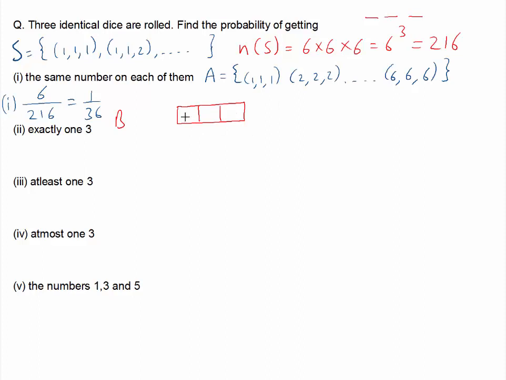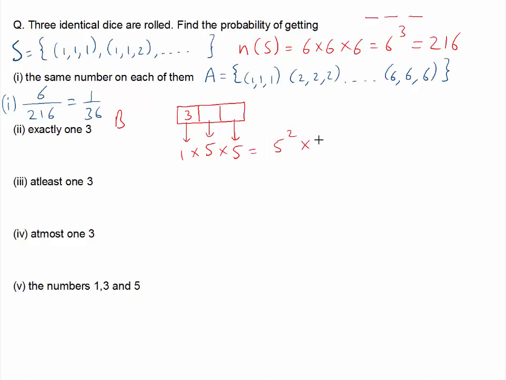Let's say we get 3 on the first die, so for the first one we have just one choice, which is 3. For the second die we don't want 3, so the number of choices is 5, and similarly the number of choices is 5 for the third because we don't want 3 here. So the answer would be 5 square. Now 3 can come on the first die or the second die or the third die.